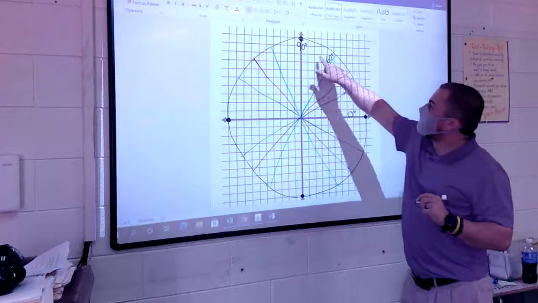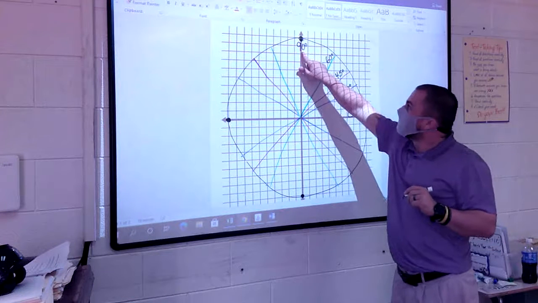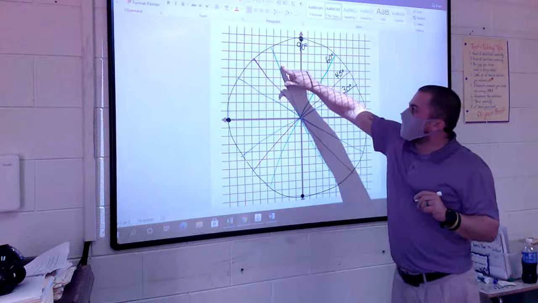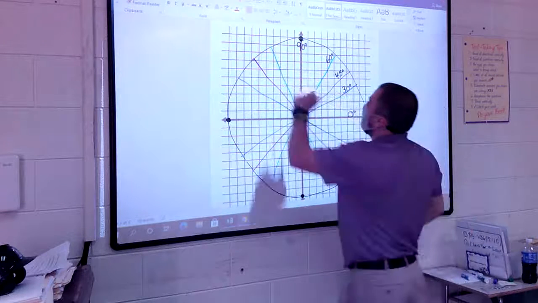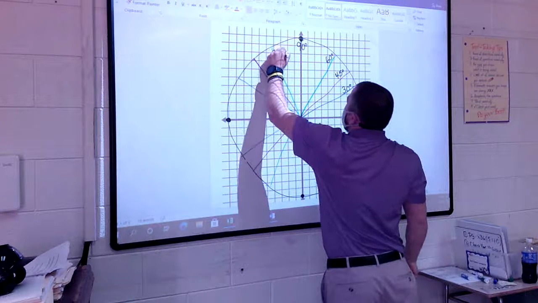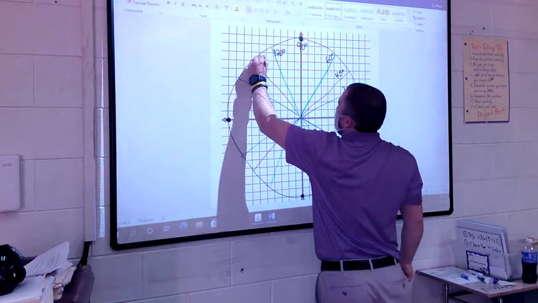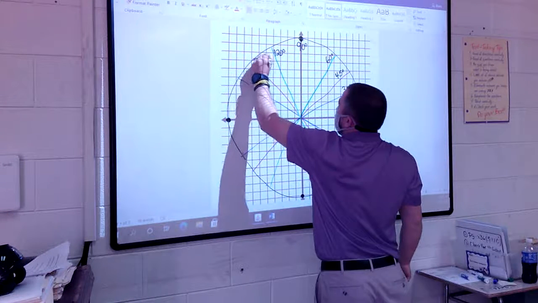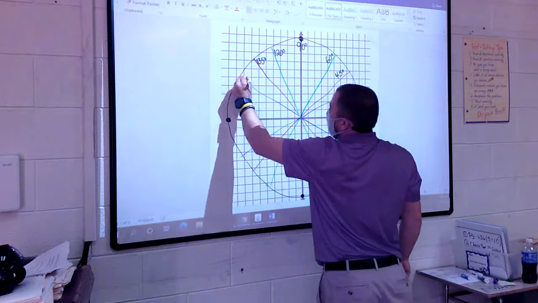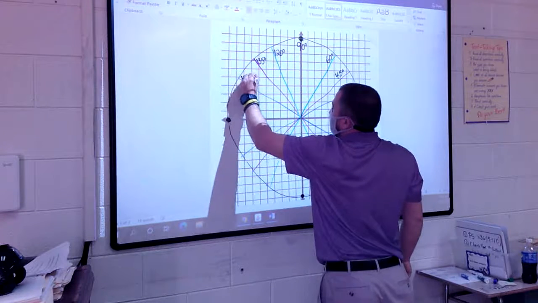How far is it from 60 to 90? 30. So 30 more than 90 is 120. This is 120 degrees. 15 more puts you at 135 degrees. 15 more puts you at 150 degrees.